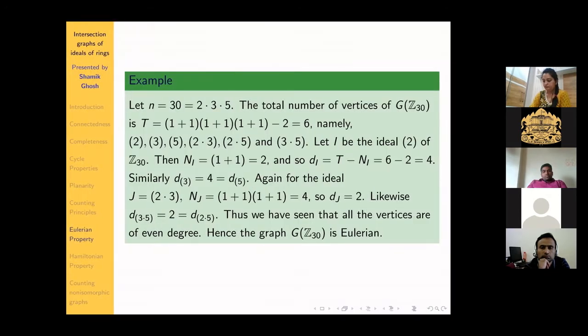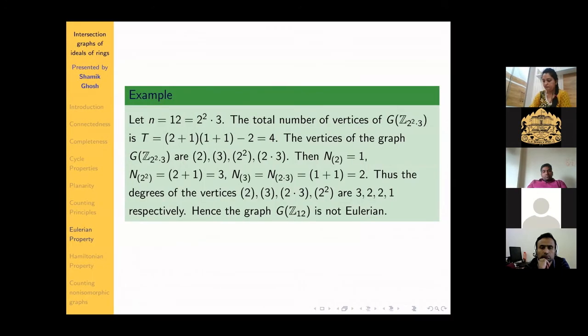So you have the Eulerian case, but in the case of graph Z12, the total number of vertices is (2 plus 1) into (1 plus 1) minus 2, so 3 into 2, 6 minus 2, that is 4. So there are 4 vertices, namely 2, 3, 2 square, and 2 into 3. The non-adjacent vertices of 2 is only 1, that is itself.